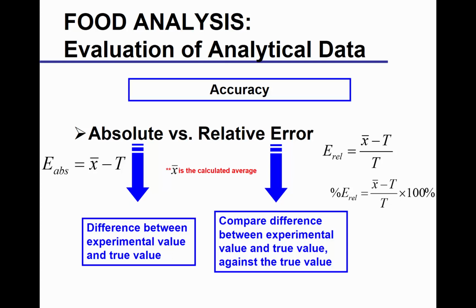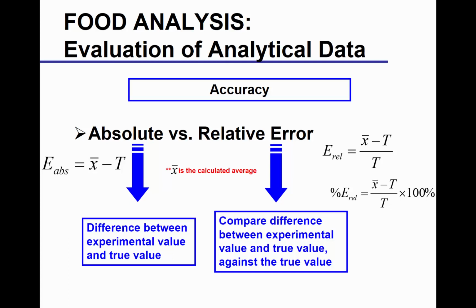You go to the USDA website to get the reference amount of moisture for a particular product, say cheese. So you subtract your average from the true value, and you get the absolute error. The relative error would be the difference over the true value, multiplied by 100, and you get a percentage.